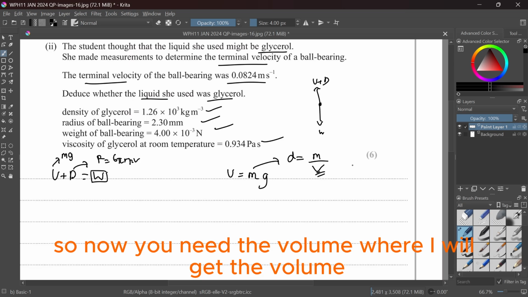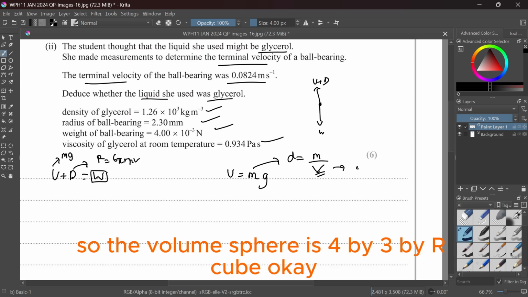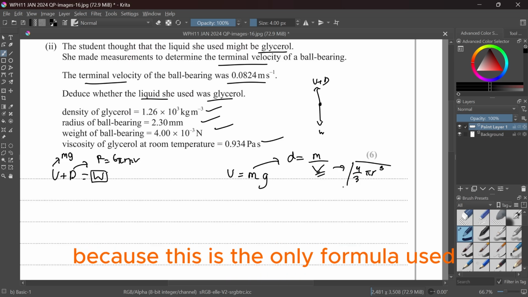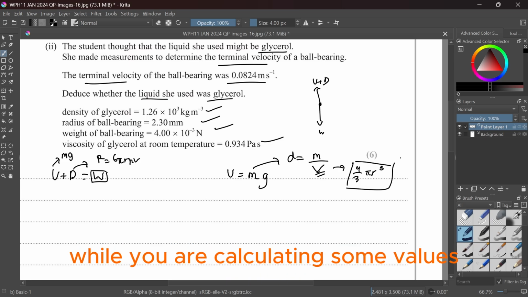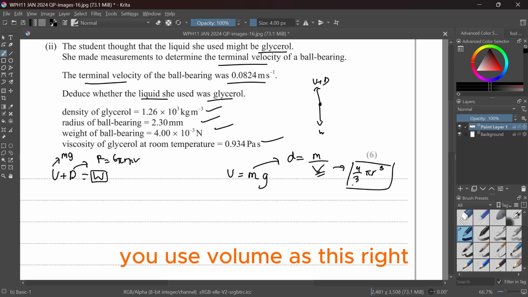Where will I get the volume? You can use the volume of a sphere, right? The volume of a sphere is 4 by 3 pi r cubed. Always remember this formula, because this is the only formula used while you are calculating values with viscosities and drag force and so on. You use volume as this, right?